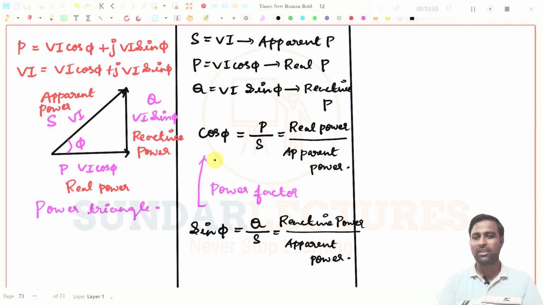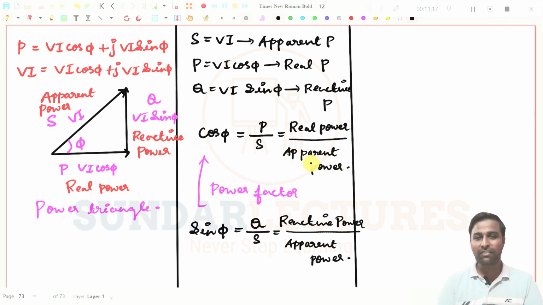What is the real meaning behind the cos pi term? That is nothing but the power factor. And wherever you go, you have to maintain your power factor at 0.8. There is a restriction to maintain the power factor at 0.8 in the industries. What is that actually?